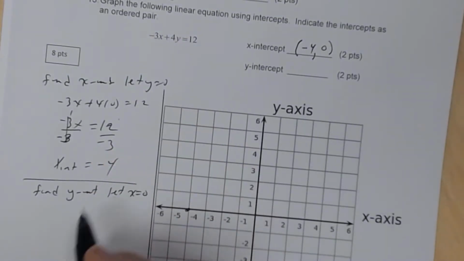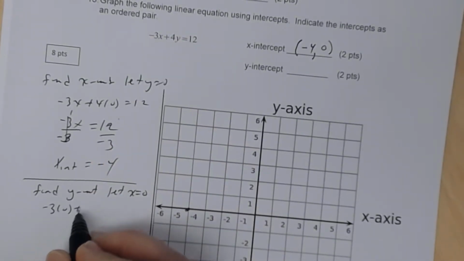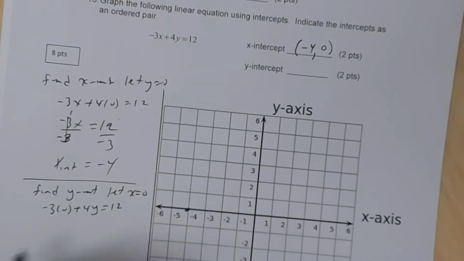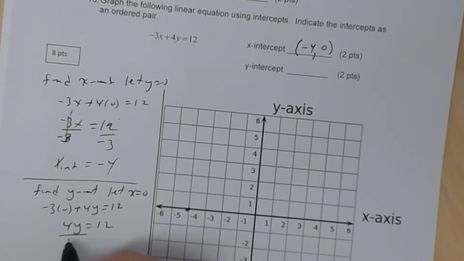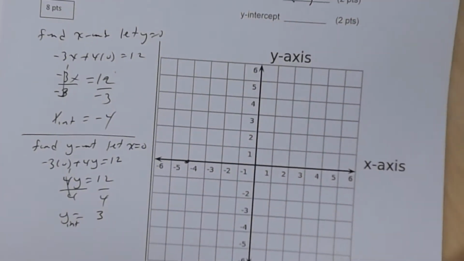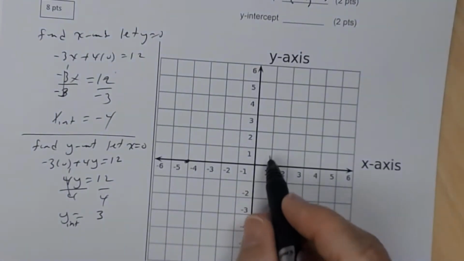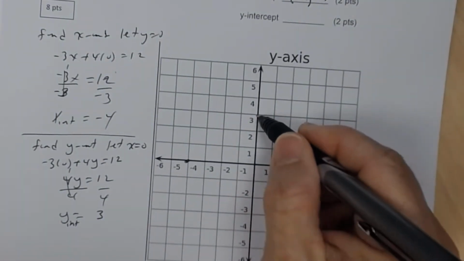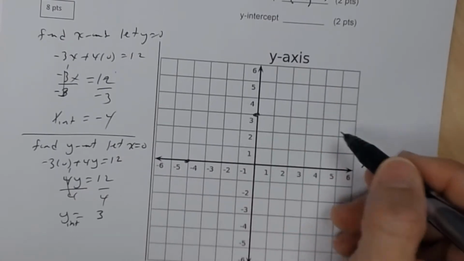So you get negative 3 times 0 plus 4y equals 12. And then negative 3 times 0 is 0. 0 plus 4y is 4y equals 12. Divide both sides by 4. And then reduce. I get the y-intercept to be 3. So the y-intercept is 3. So that means that my graph is going to cross the y-axis at this point.